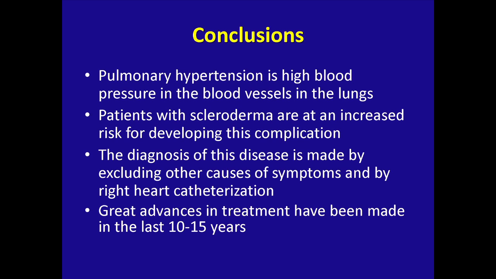And really to end on a positive note, and it really is true, there have been some great advances in treatment of this disease in the last 10 to 15 years, with multiple new drugs being studied and coming on the market even in the next couple of months. The one that was approved last week, and there's another one pending FDA approval right now, which we're anticipating in the next couple of weeks.